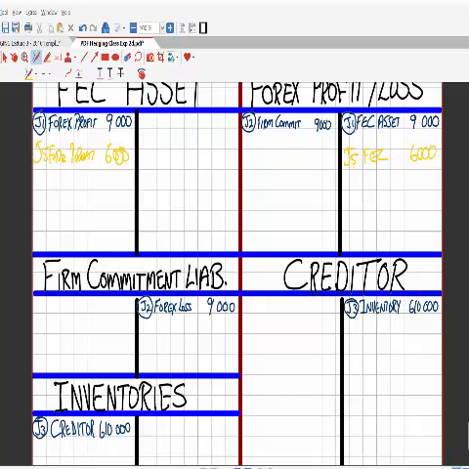As we said, we also have to restate the creditor. So the creditor, we have journal number 6, and we say the forex loss 5,000, and journal number 6 there is your creditor 5,000. That's a loss there.